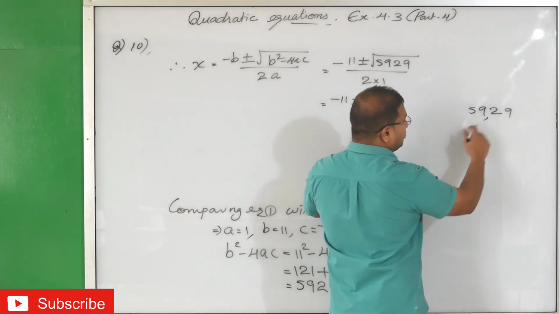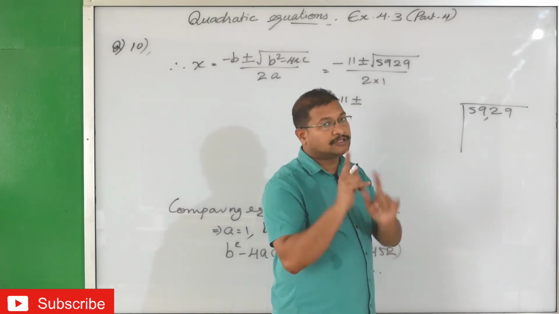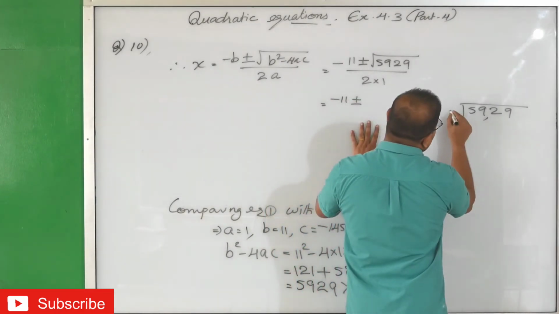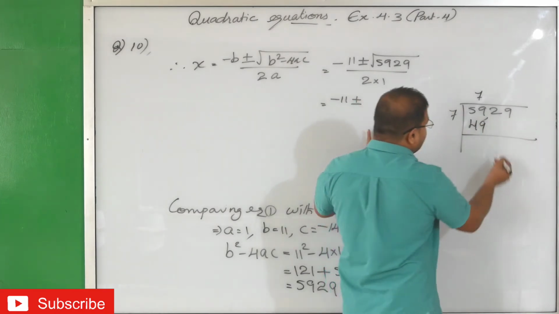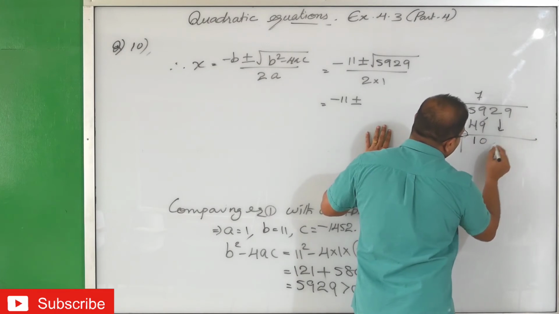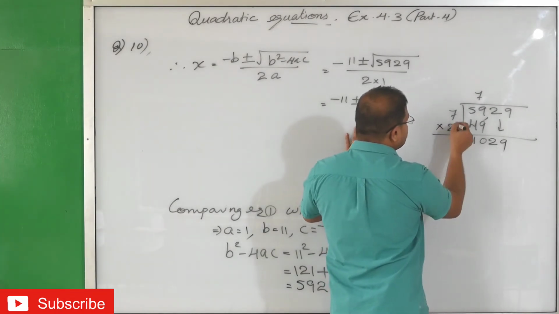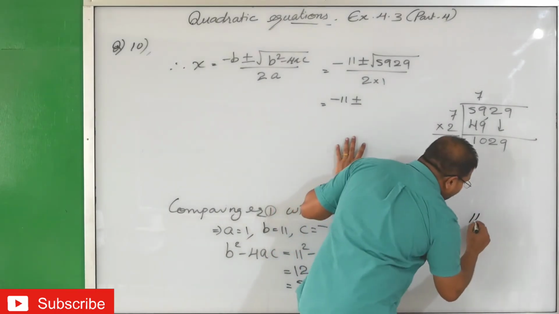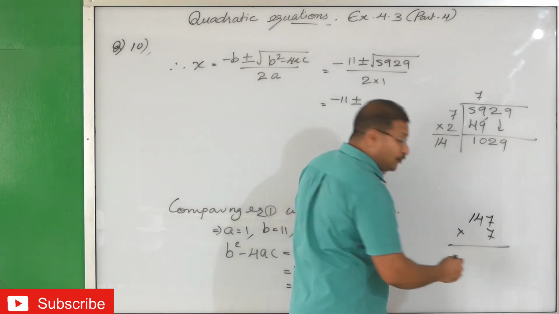Now 59 perfect square. 7 sevens are 49, 8 8s are 64. We can't take 8, so it will be 7 sevens are 49. When you minus, 0 and this will be 1. Now 29 will bring down. Now double means we'll multiply with 2. 2 sevens are 14. 14, we'll try by 7. 7 sevens are 49.